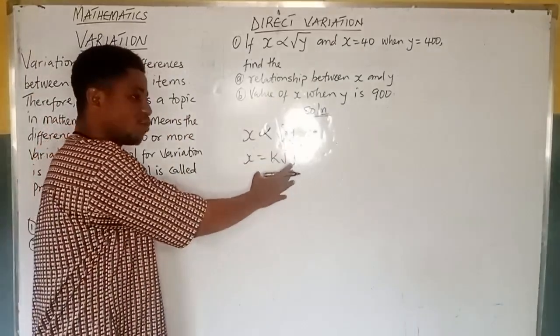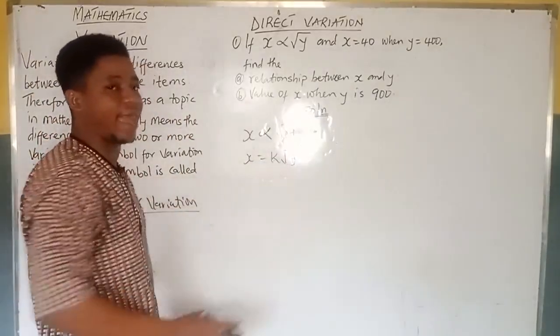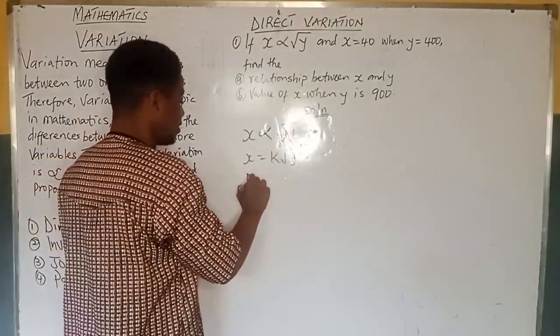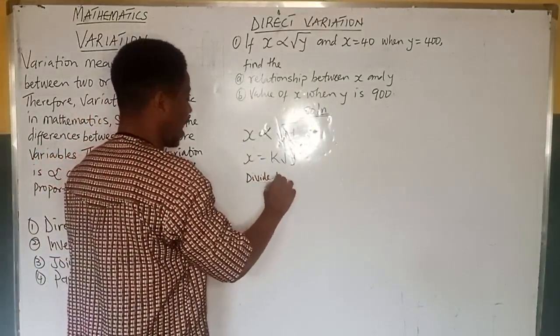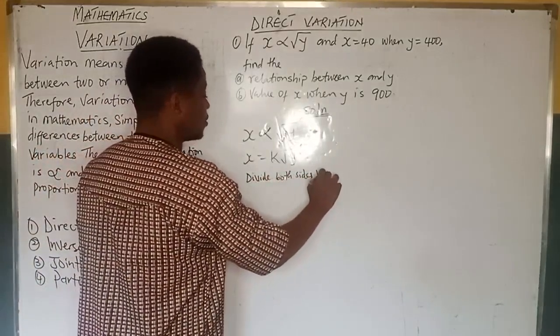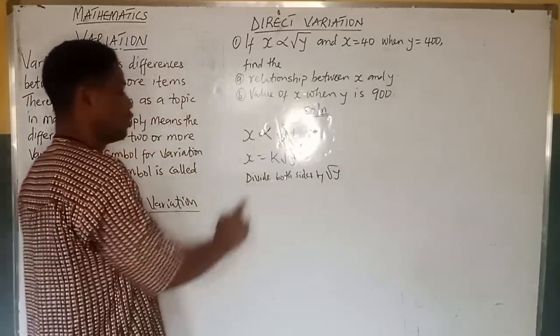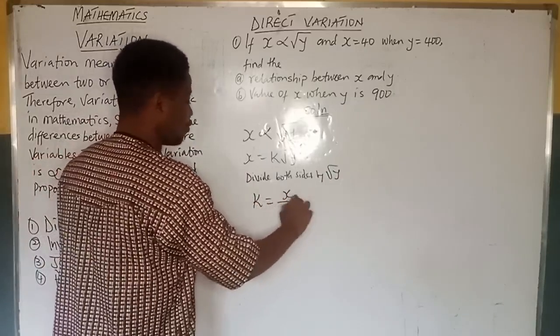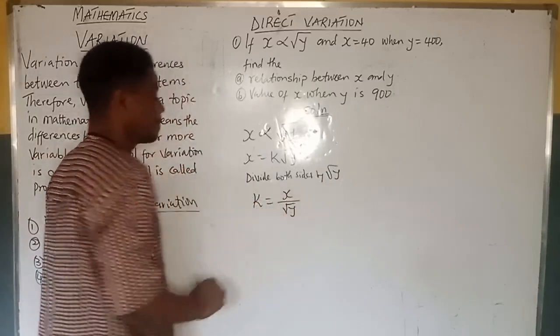So making k the subject of formula, we divide both sides by square root of y. In doing that, you have that k will be equal to x over root y.